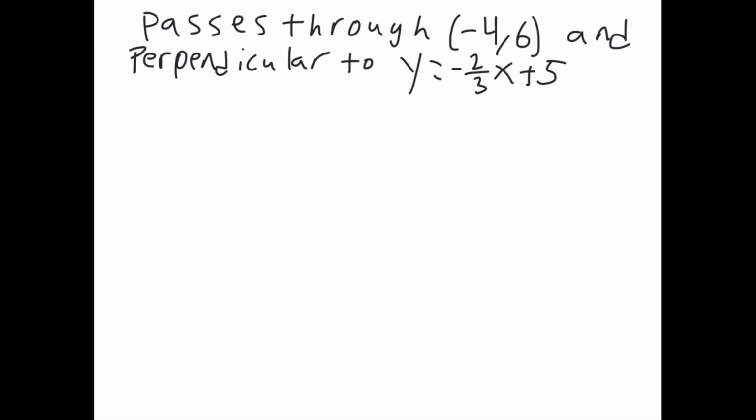Alright, now we're dealing with a line that passes through negative 4, 6, and is perpendicular to y equals negative 2/3 x plus 5. So, first, it's already in slope-intercept form for us. So we just have to take this slope and say our slope, m, equals, now remember, it's perpendicular.